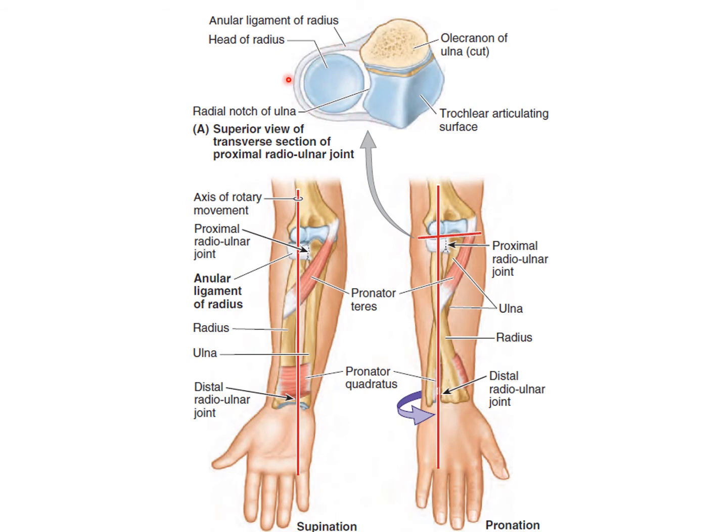So this is the part of the joint, the annular ligament, which is attached to the ulnar bone. It makes a circle, and inside that circle the head of the radius rotates during the movements of supination and pronation. That's why it is known as a pivot type of joint, and this is the long axis of the rotatory movement.